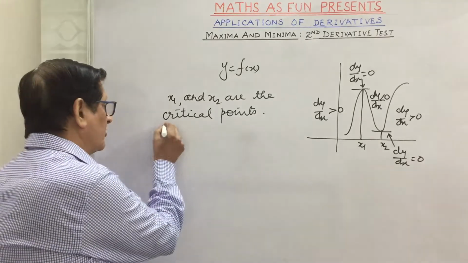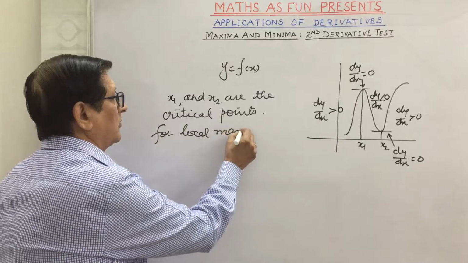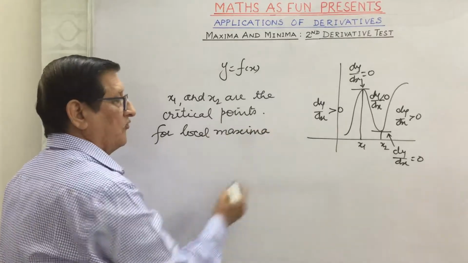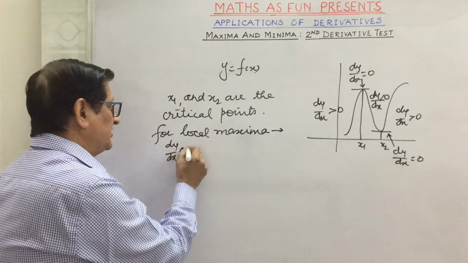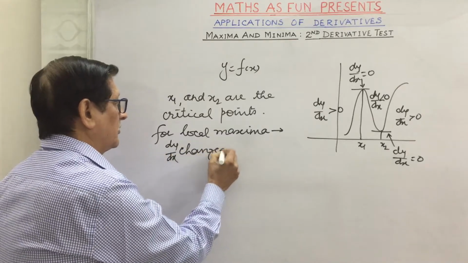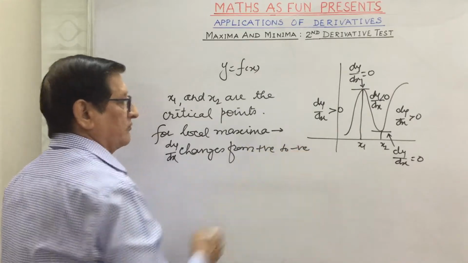For the point of local maxima, we found that dy by dx changes from positive to negative.